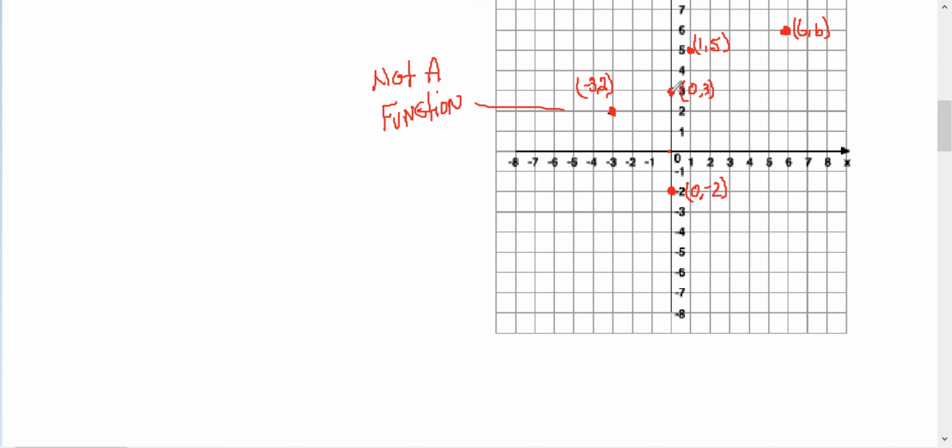So given 2 points. A function is something that just runs, something like this, where for every x value, it has one and only one y value. Okay, so here's another x value here, so it has another y value here.